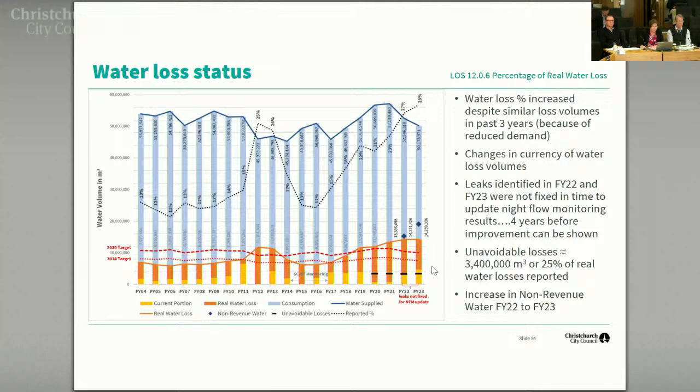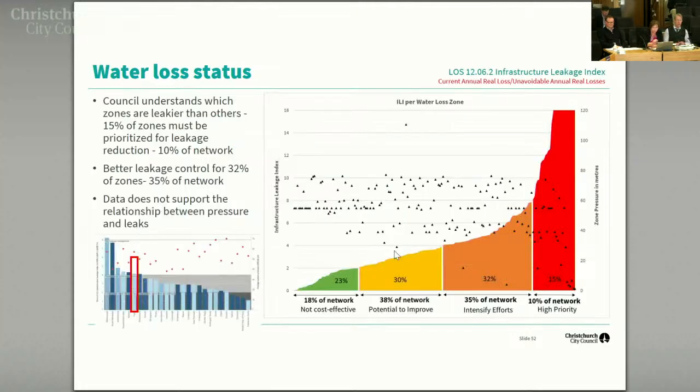The black horizontal lines are the unavoidable water losses, and that's more or less 25% of our volume of losses measured. We've also now managed to calculate our non-revenue water for FY22 and FY23. We need to look at our FY24 figures in order to get an understanding of why there was an increase in 23.